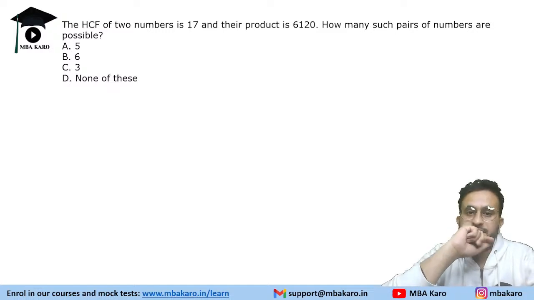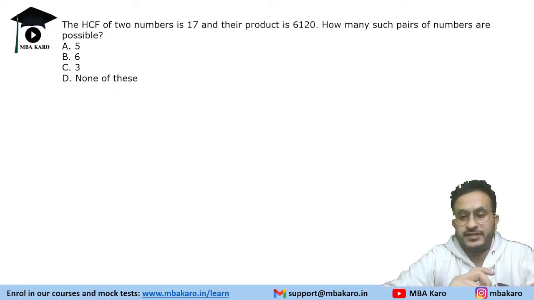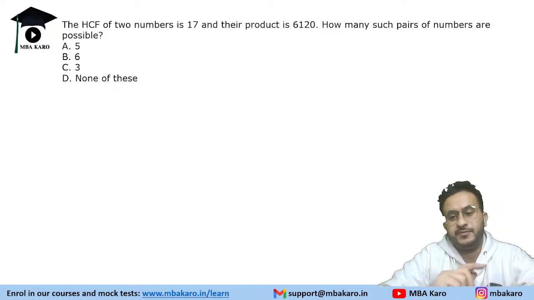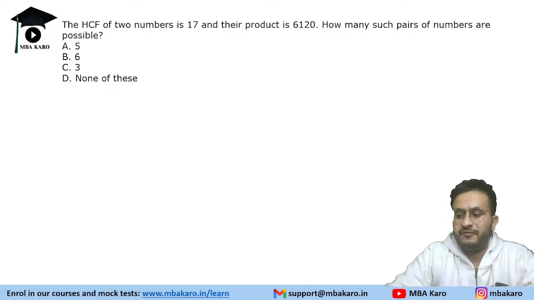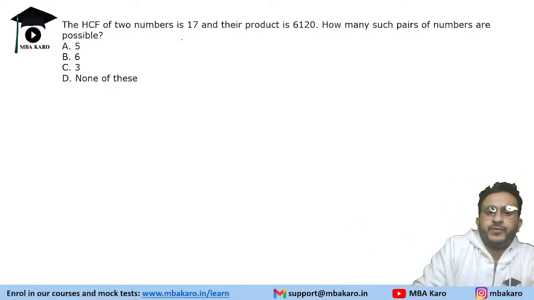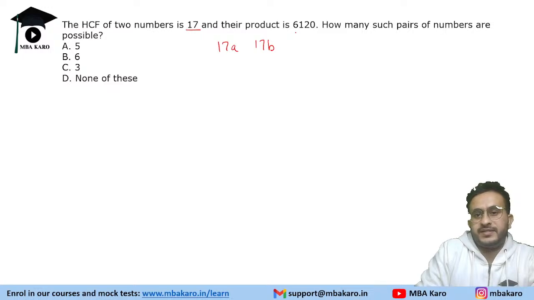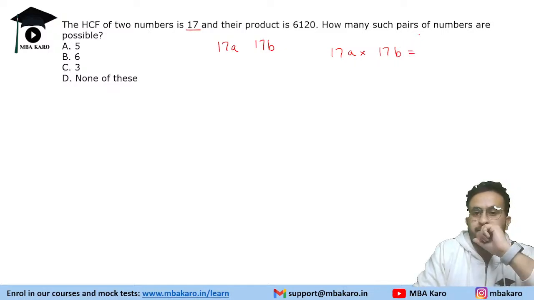So HCF is 17 and the product is 6120. Okay, so we need to find how many such pairs are possible. So we will have to find the co-primes in this case. So HCF is 17, so let us say the numbers are 17A and 17B, right? And the product of the numbers is 6120. So 17A into 17B is equal to the product.